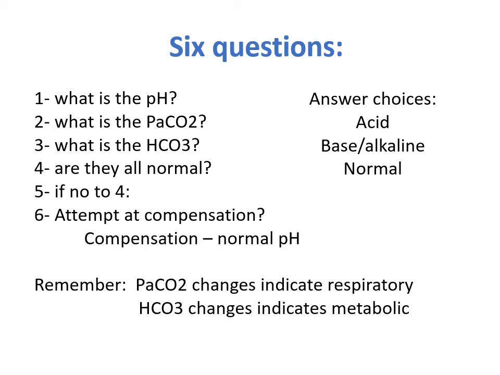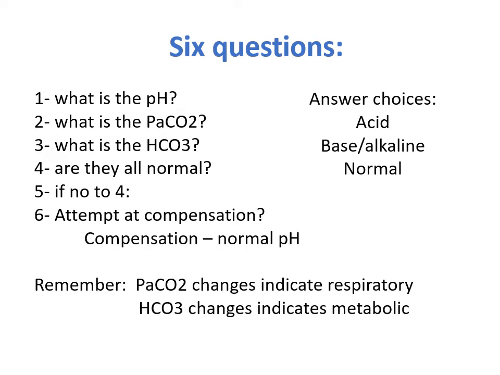So the bicarbonate, number 3, HCO3. So if you have an acidosis, a pH less than 7.35, and your bicarb is low, say it's 16 or 17, and your CO2 is normal, then you have a metabolic acidosis.